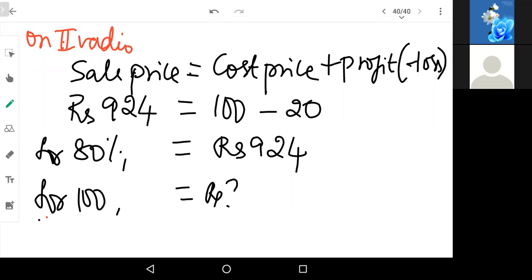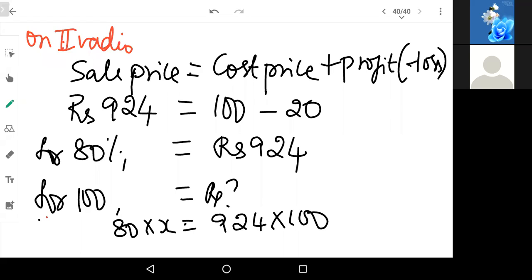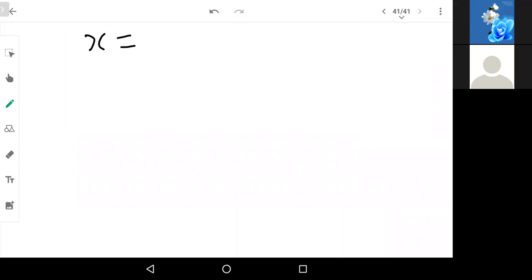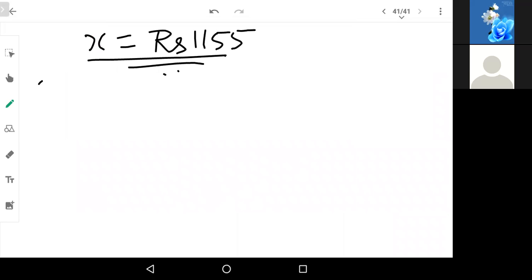Now let us do our calculation. So 80 into x is equal to 924 into 100. So x is equal to 924,000 divided by 80. So x is equal to rupees 1155.